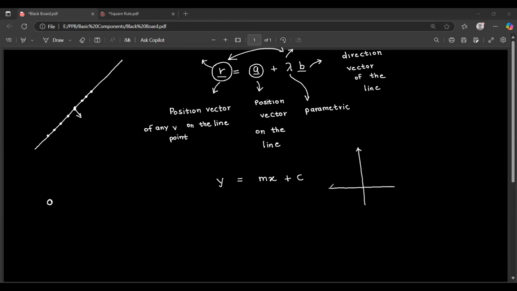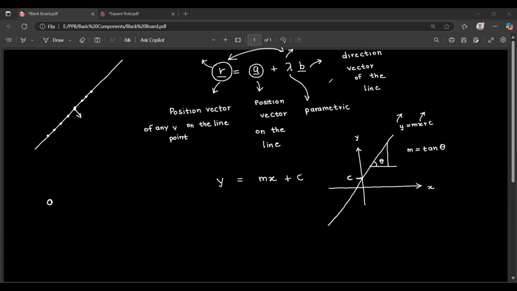If you have a graph like this, with x and y axes, basic stuff, and we draw the line y = mx + c, then m represents the angle or the direction of the line, m = tan θ, and c is the y-intercept. x is the independent variable and y is the dependent variable. For different values of x, you will get different values of y.